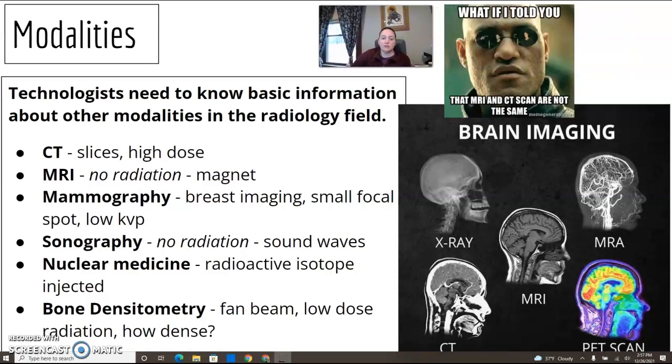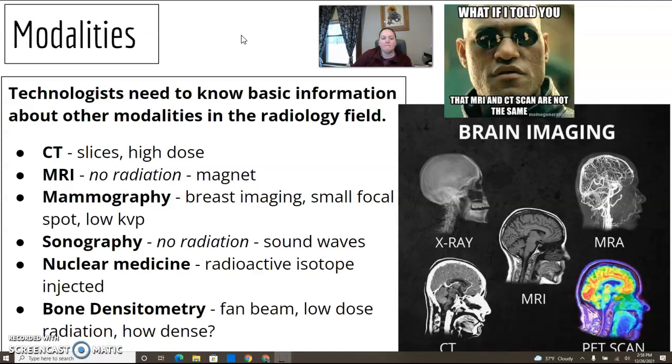Different modalities. As a technologist, you should have a basic idea of what is involved in the other technologies that we have in radiology. CAT scan is a higher dose of radiation than X-ray. The body will appear in slices. MRI is no radiation, but it is a strong magnet, and if there's any metal in the body, they will have to go through a screening process.